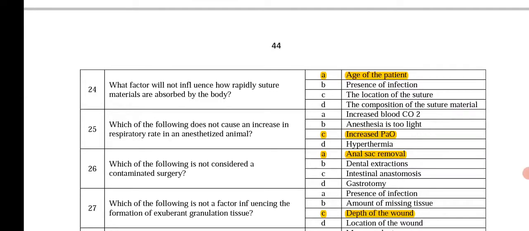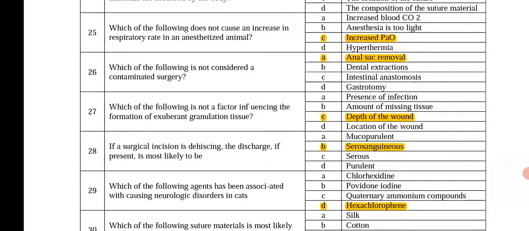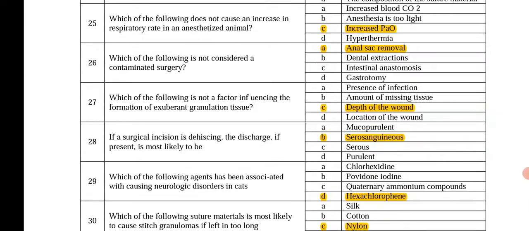Which factor will not influence how rapidly suture materials are absorbed by the body? Age of patient. Which of the following does not cause increase in respiration rate in an anesthetized animal? Increased partial oxygen. Which of the following is not considered a contaminated surgery? Anal sac removal. Which of the following is not a factor influencing the formation of exuberant granulation tissue?